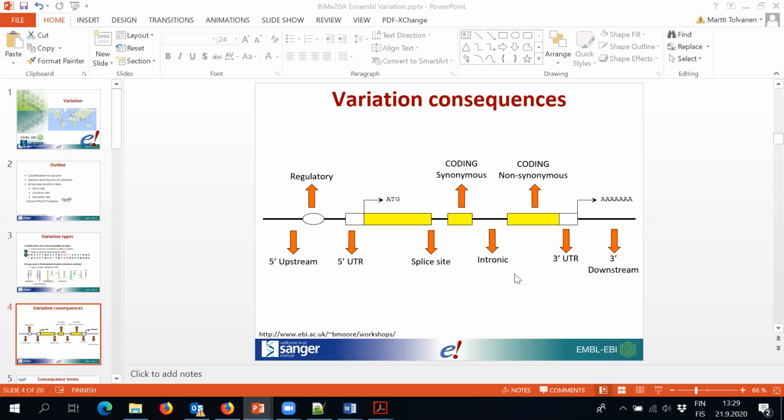So we have mechanisms that could lead to a lower expression of the protein, even if the protein is the same in sequence. But these are minor details.